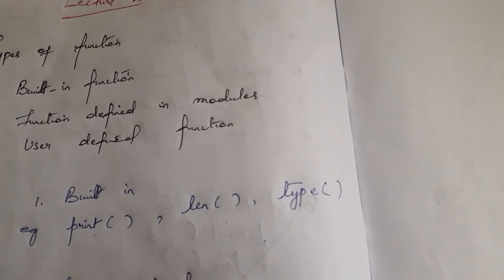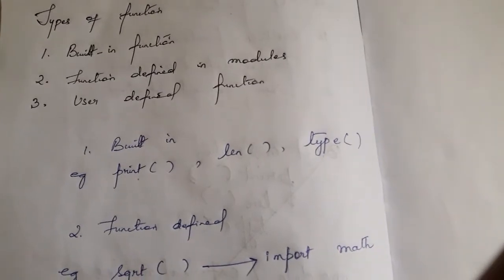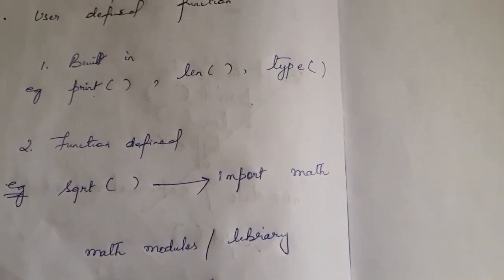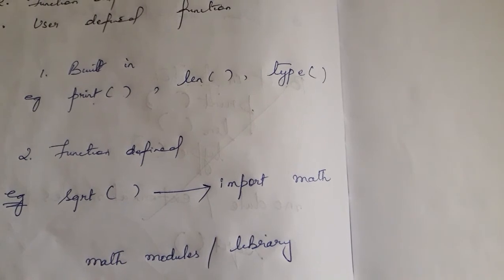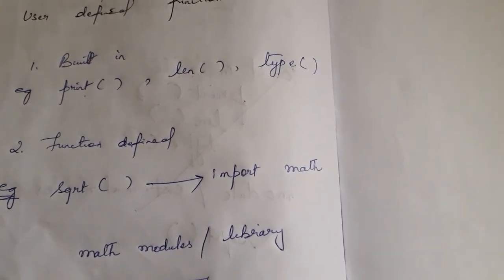The next one is the function defined in the modules, or the external modules. I'll start with an example, and then we will discuss what exactly this is. One example of a function defined in a module is the sqrt function. The sqrt function is used to find the square root of a number.